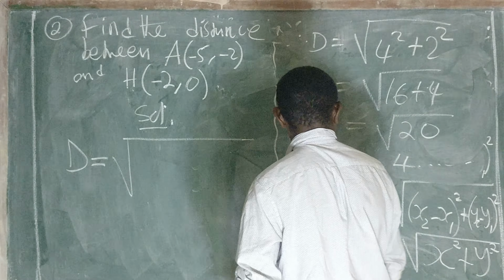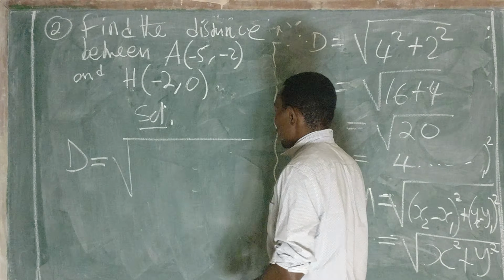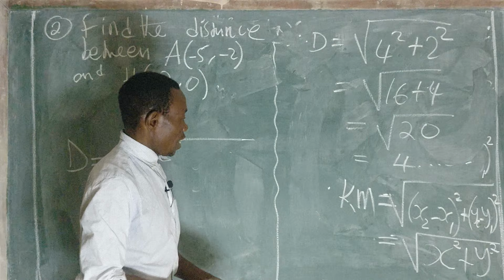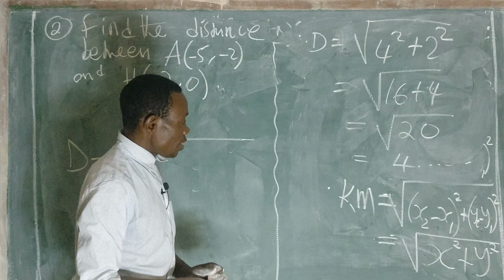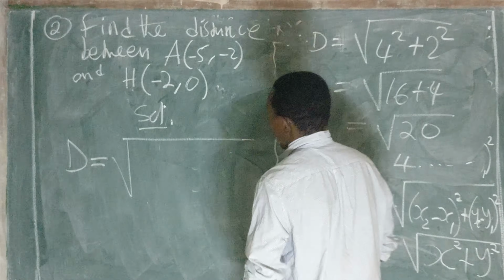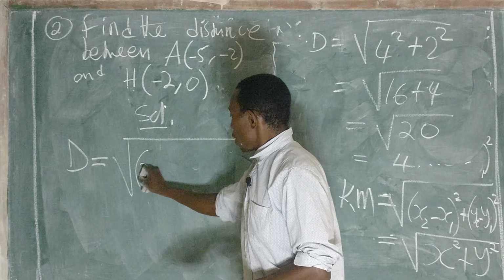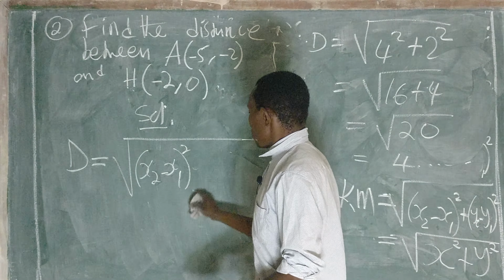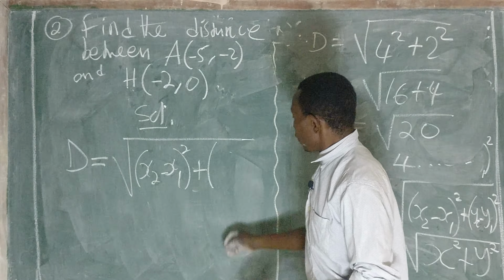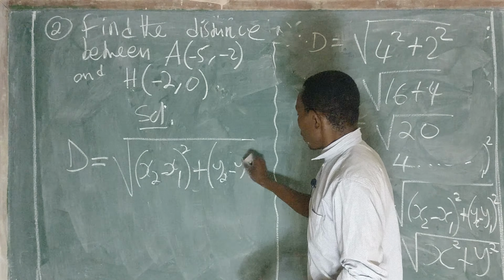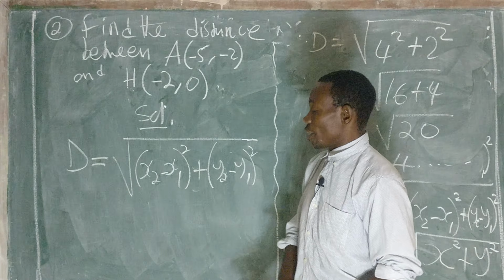Now I'll write a different form with the coordinates of x and y. I'm going to indicate the changes directly instead of using just x squared and y squared. So I'll write it as distance is equal to x2 minus x1, then that should be squared, plus you talk of the y squared, y2 minus y1, then squared as such.